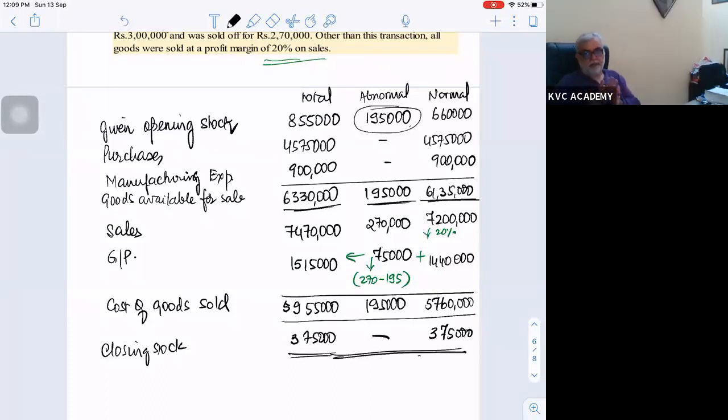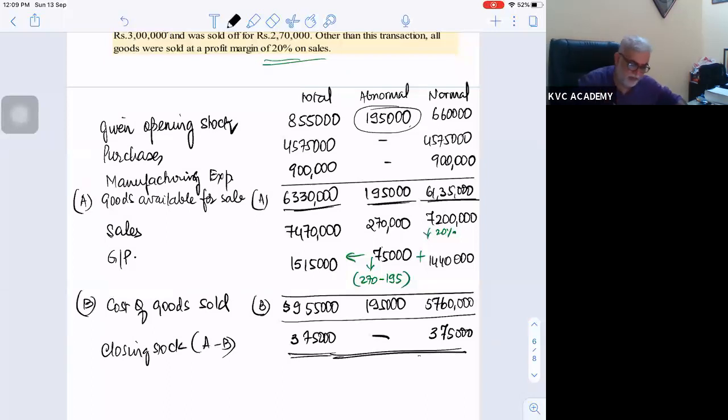This is the way to do it: goods available for sale minus cost of goods sold. This is A, this is B, so this is A minus B. This is one way of doing it.